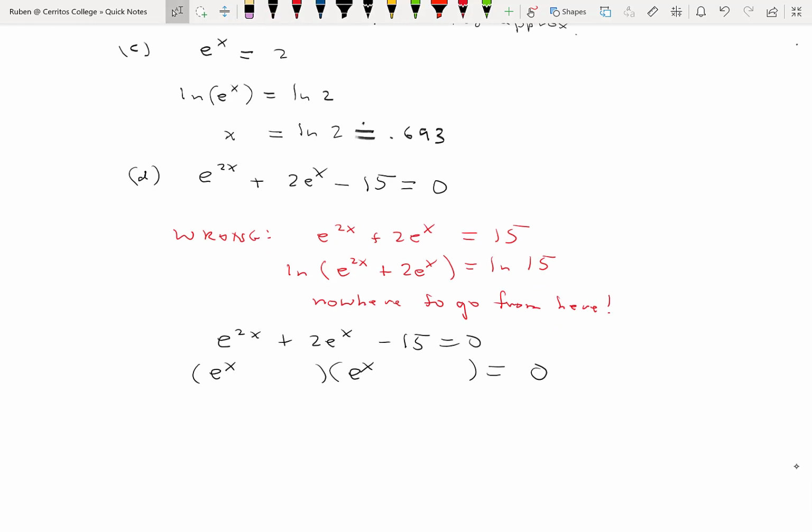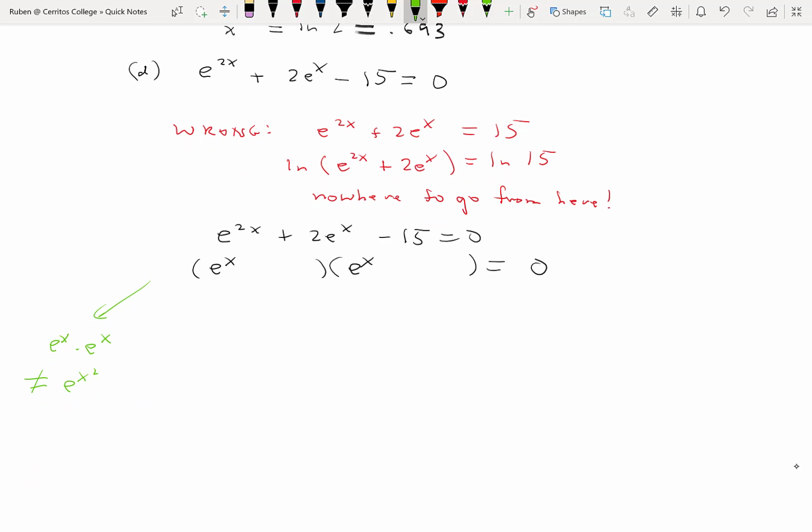Note that e to the x times e to the x is not e to the x squared. When you multiply expressions together with the same base, you don't multiply the exponents, you add them. So this is e to the 2x. Okay, so this does work out.